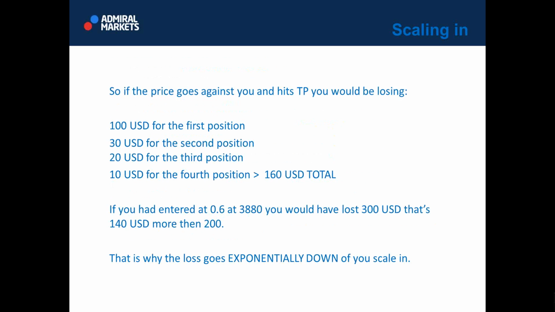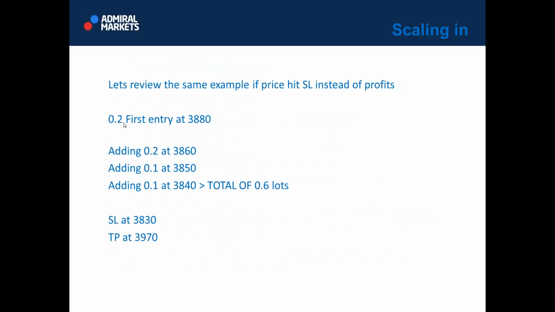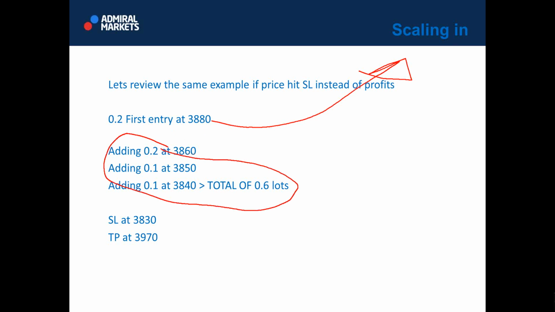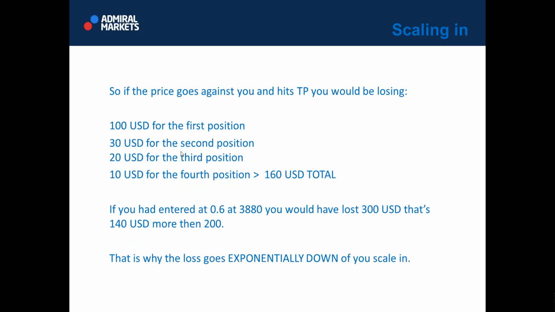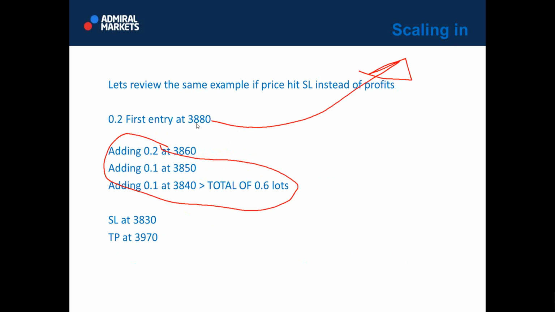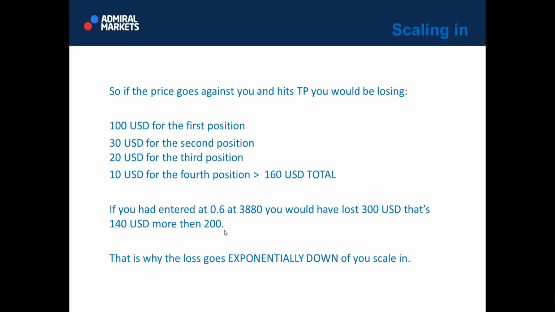Why? Because let's say that in this example, your first entry was at 38.80, but the price didn't retrace. Sometimes the price will go instantly up if you made a long entry. So you didn't have a chance to add. Then if you had entered with 0.2 and the price actually hit the target price, you would only gain $100 instead of basically $540.